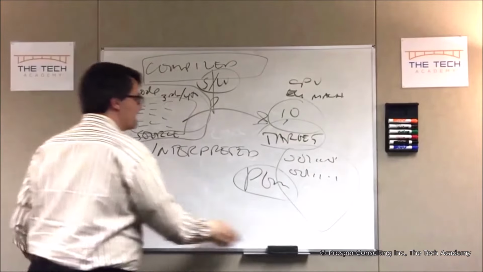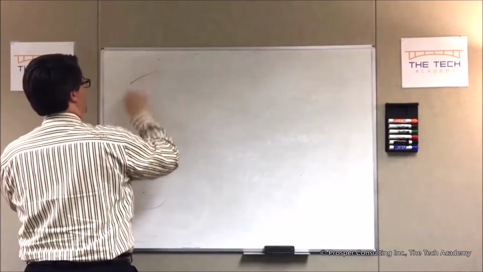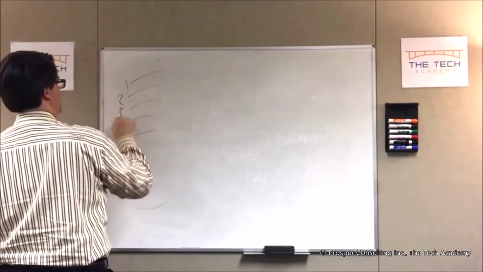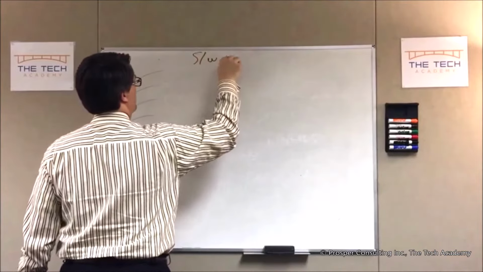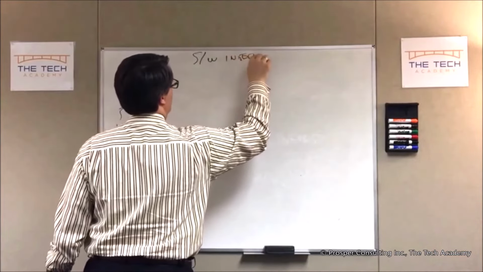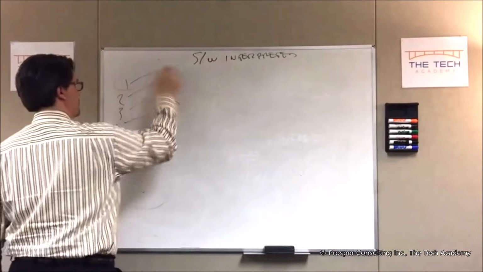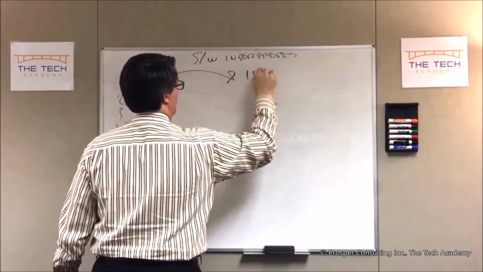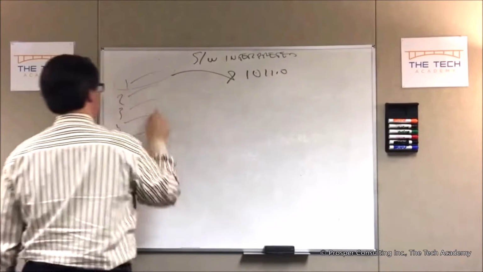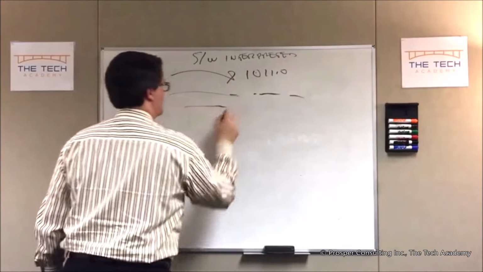Okay? Now let's look at interpreted code. Interpreted code is where you take your instructions, instruction 1, 2, 3, 4, 5, and you write them. And you have a special piece of software called an interpreter that takes the first instruction and converts it down to machine code and executes it. Then takes the second one and executes it, and the third one and executes it.